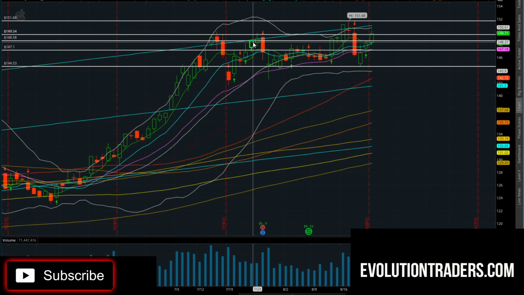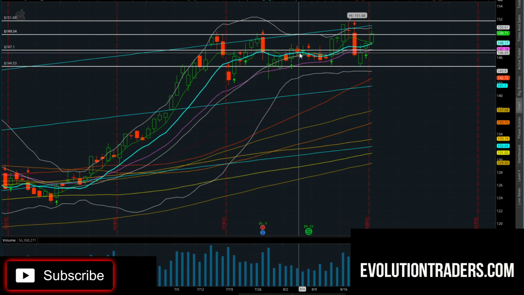If you have to go maybe 50 cents, $1 out of the money would be realistically the most that I would want to go out of the money. I wouldn't want to take a $150 strike or $155 strike if the stock is currently trading at 147. I'm going to want to stay within that dollar range on the stock price on options. So let me just go ahead and remove this so I don't get confused here.